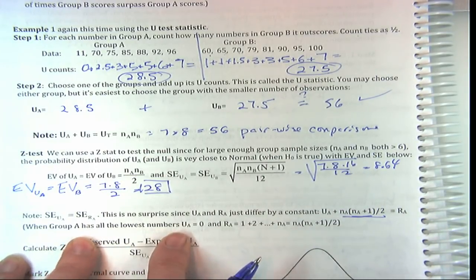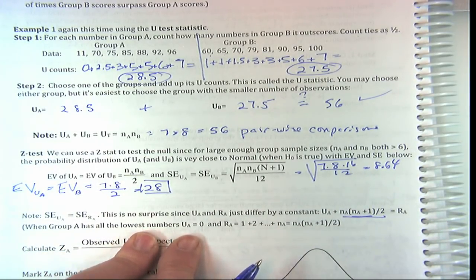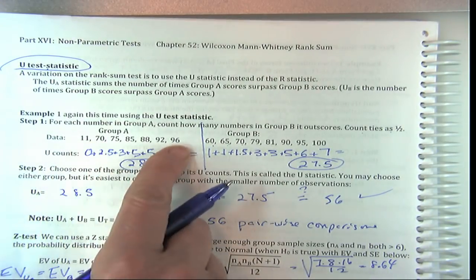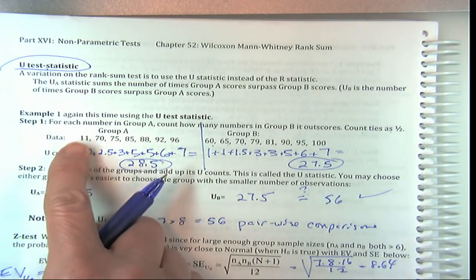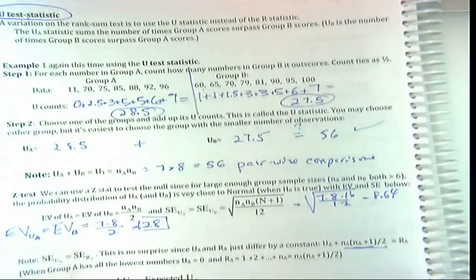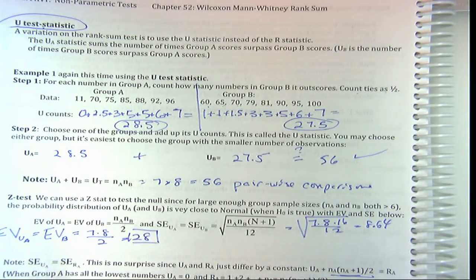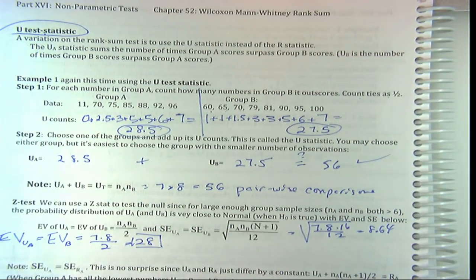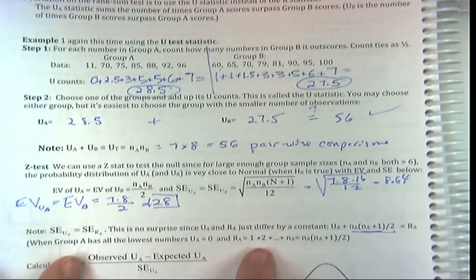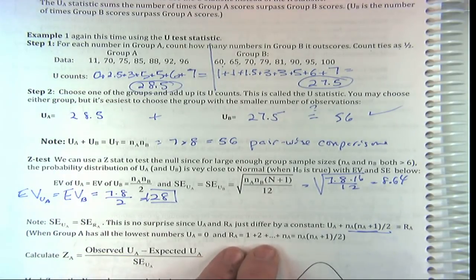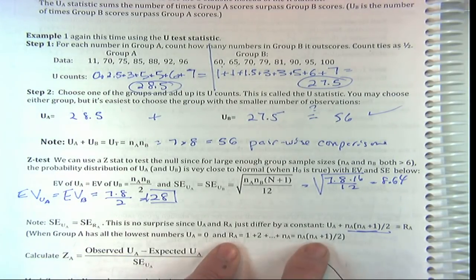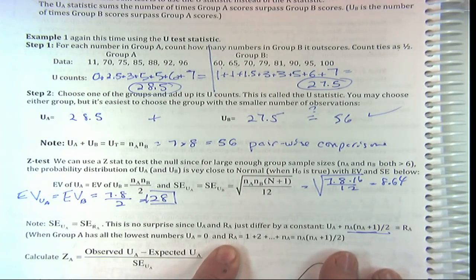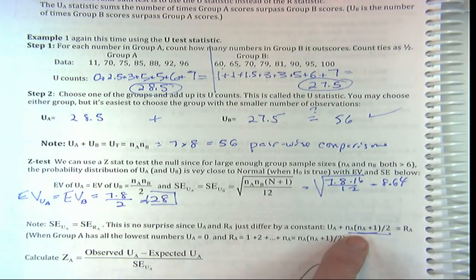Look, when group A has all the lowest numbers, what is its U statistic? If all 7 of the lowest numbers were here, they'd have a rank of 1, 2, 3, 4, 5, 6, 7, and they wouldn't win any matches if they're all worse than the next team. So it would have a UA of 0, and its rank would just be the numbers from 1 to however many the sample size was. So basically, they just differ by that constant.